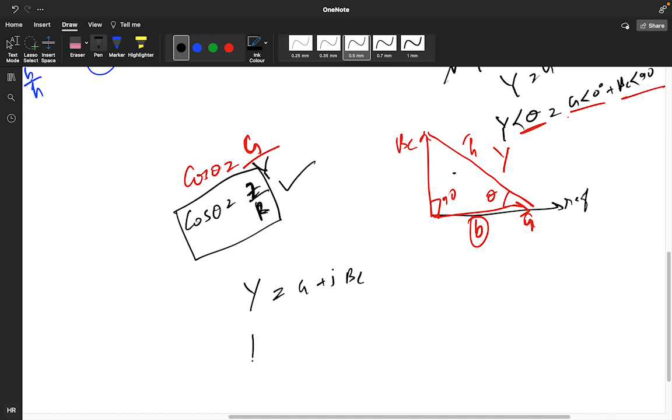So what is the mod value of Y? Root under G square plus BC square, and the angle will be tan inverse BC by G, where the C in BC is a suffix. It is not multiplied, it's just a suffix. Tan inverse BC by G.